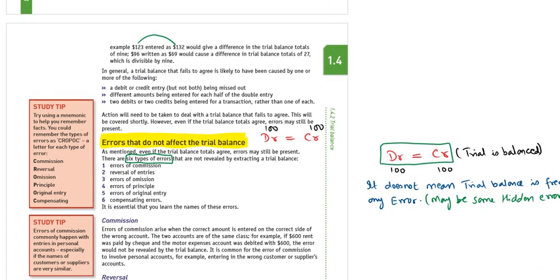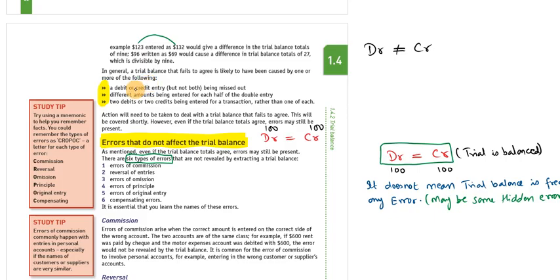What will we do now? In general, a trial balance that fails to agree is likely to have been caused by one or more of the following: a debit or credit item but not both being missed out, a different amount being entered for each half of the double entry, or two debits or two credits being entered for a transaction rather than one of each. So these are the 3 common mistakes which ultimately decide that the debit side is not equal to the credit side.